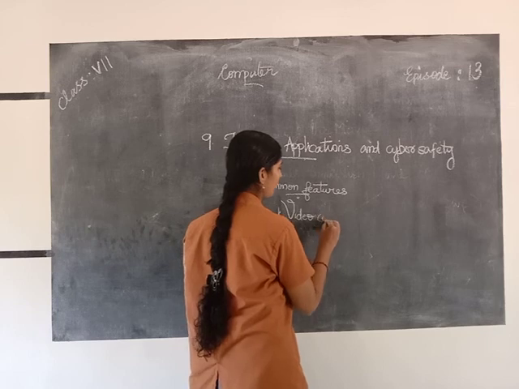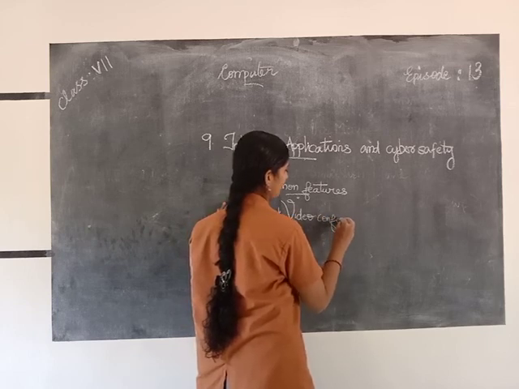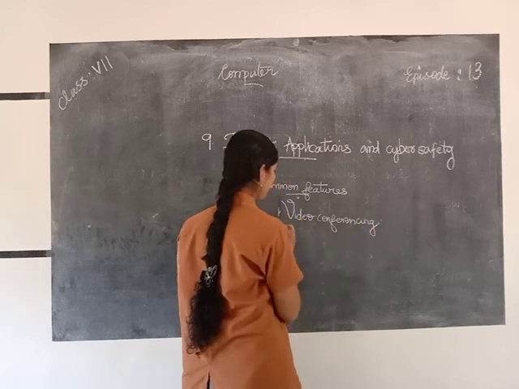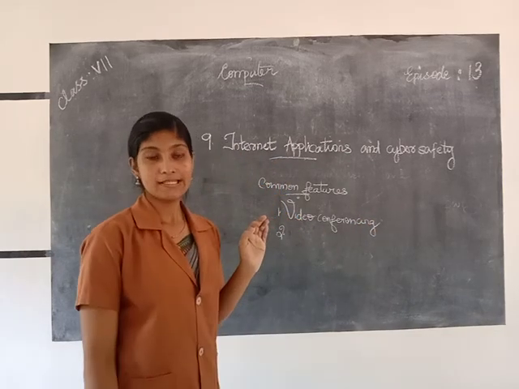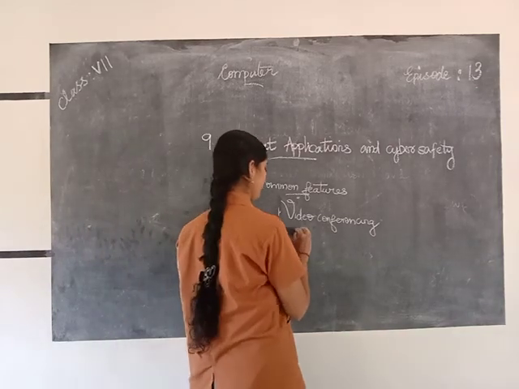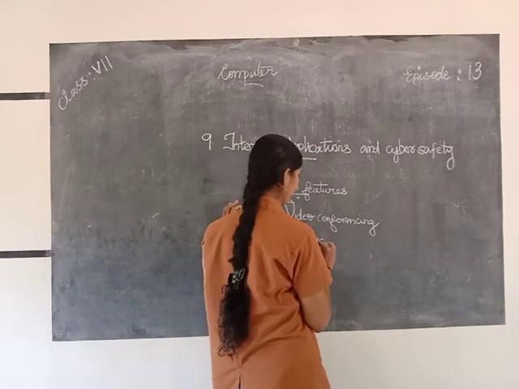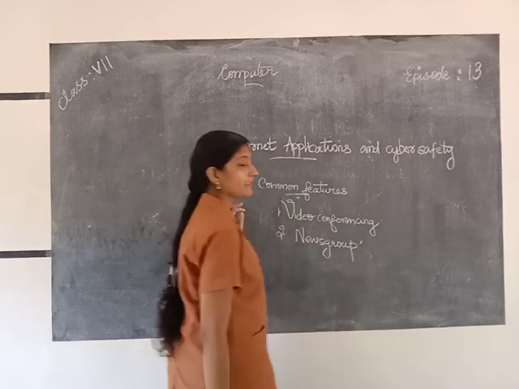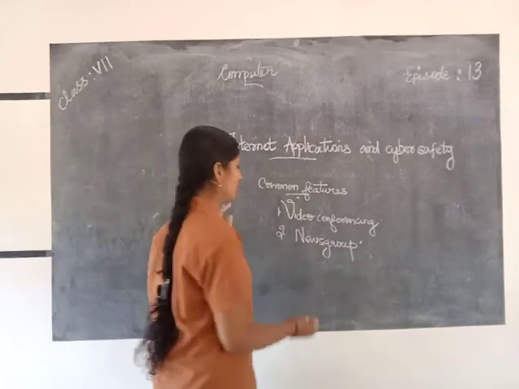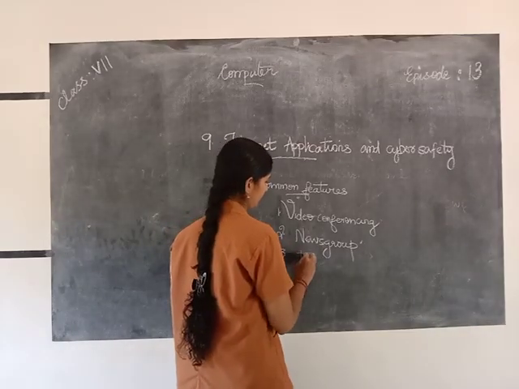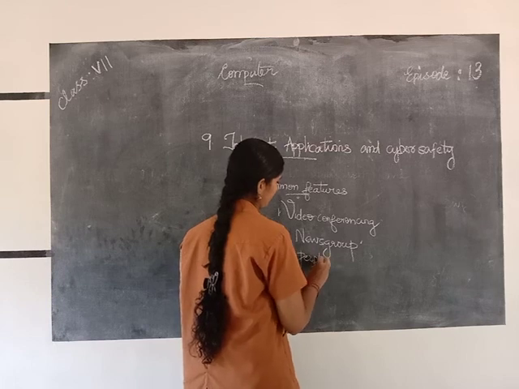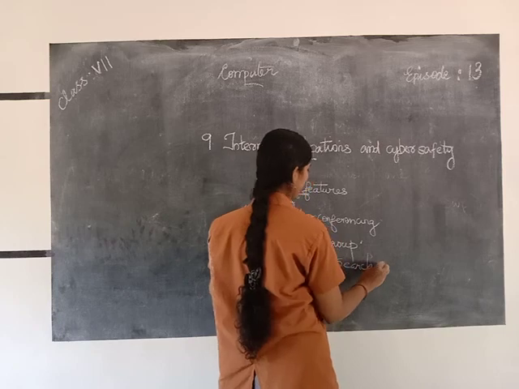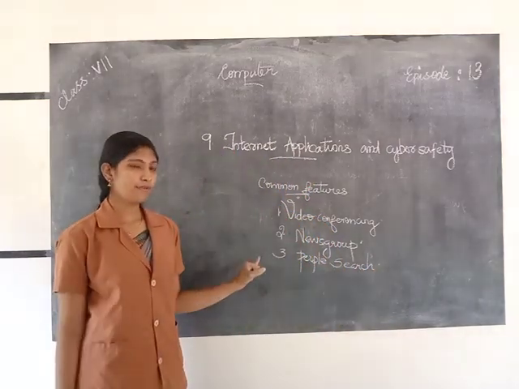Second one, news groups. Third one is people search. So once again, what are the three features?